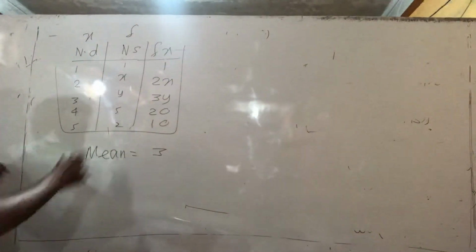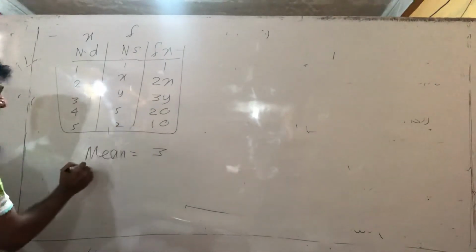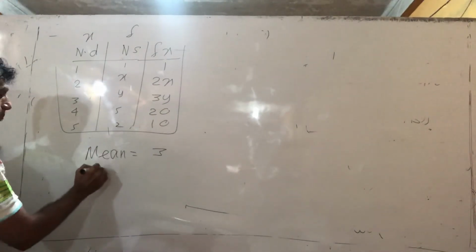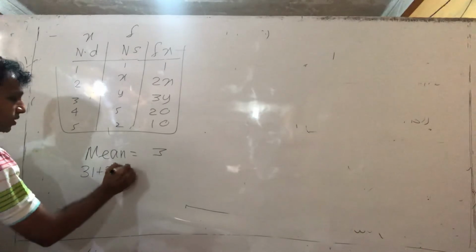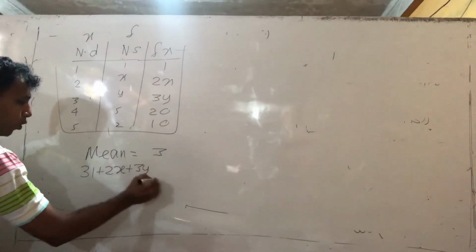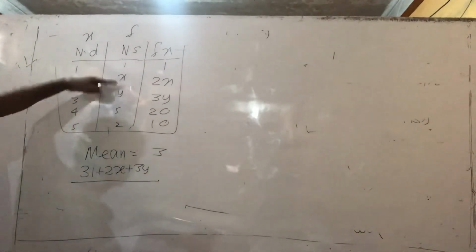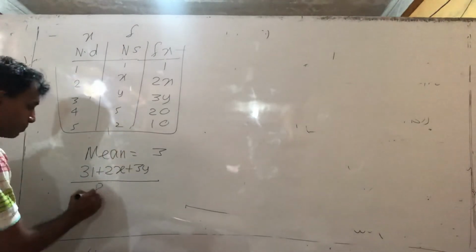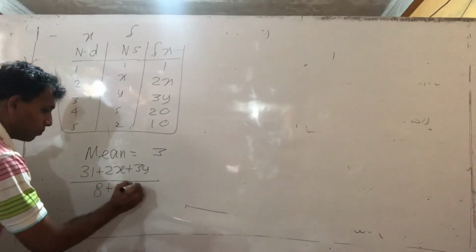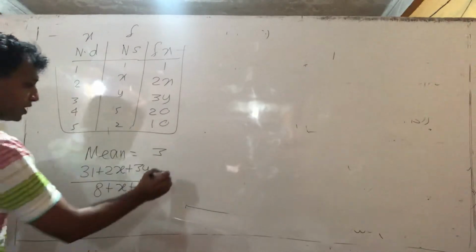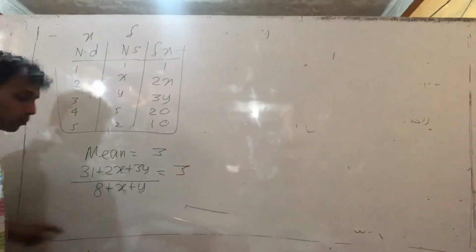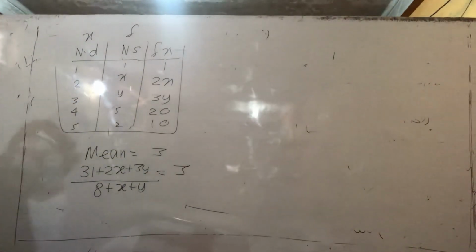If you do all this addition, what do you get? 31 plus 2x plus 3y, over, adding this to 7, 8 is okay, 8 plus x plus y, equals 3. Now we have one equation to solve.